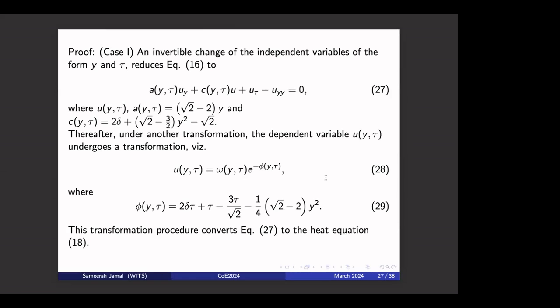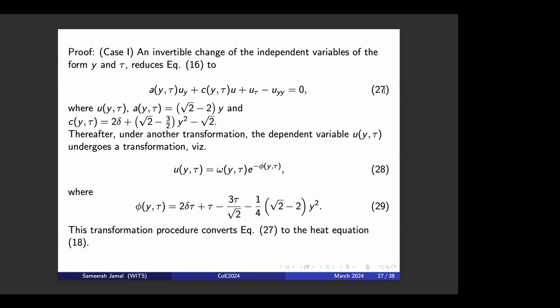We can easily prove that these transformations work. A lot of these transformations are known as equivalence transformations. Basically, you first transform the independent variables X and T using your Y and tau.